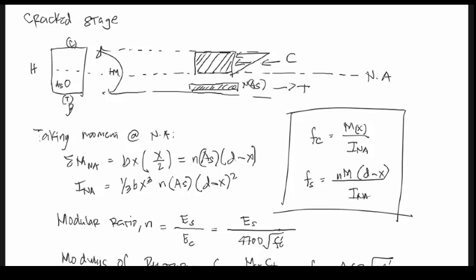Because as you can see, in the modular ratio, magagamit natin yon. That is the formula, modular ratio N equals the modulus of elasticity of steel over the modulus of elasticity of concrete. But what is the modulus of elasticity of steel? 200 GPa, or 200,000 MPa. So don't forget that. And then your modulus of elasticity of concrete is 4,700 square root of FC prime. So let's take a sample.